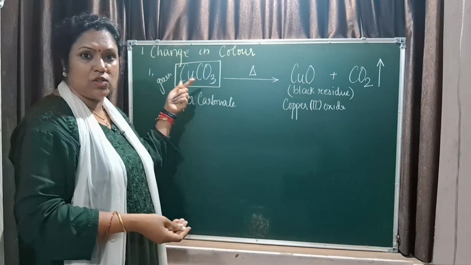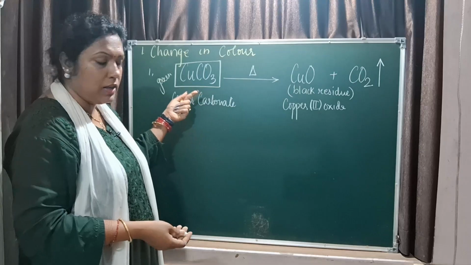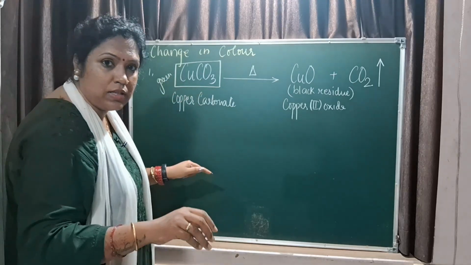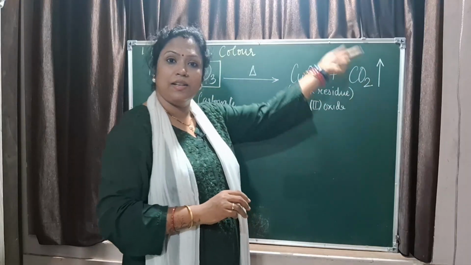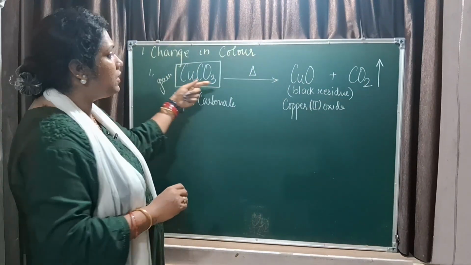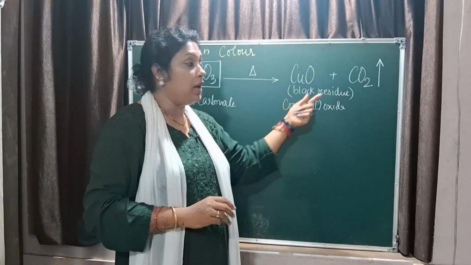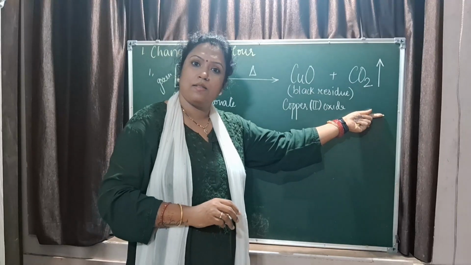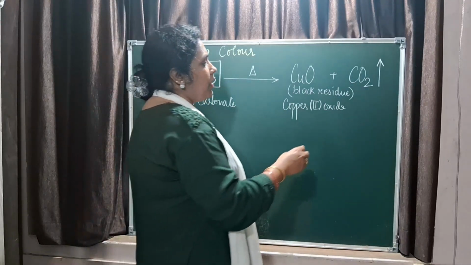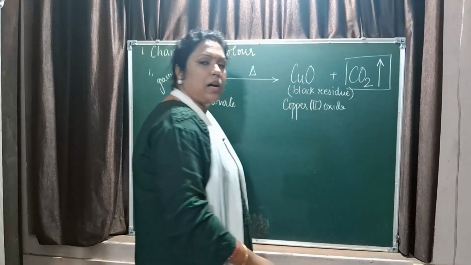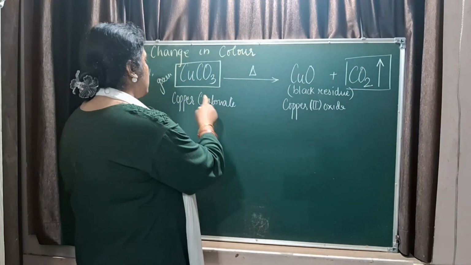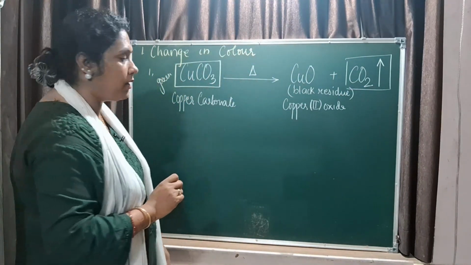When you are heating this green color solid salt, on heating it decomposes, it breaks down into black residue and the gas is released. So this example can be a change in color and evolution of gas, is that okay? Now, the gas released is carbon dioxide. And what is the color change? From green to black.